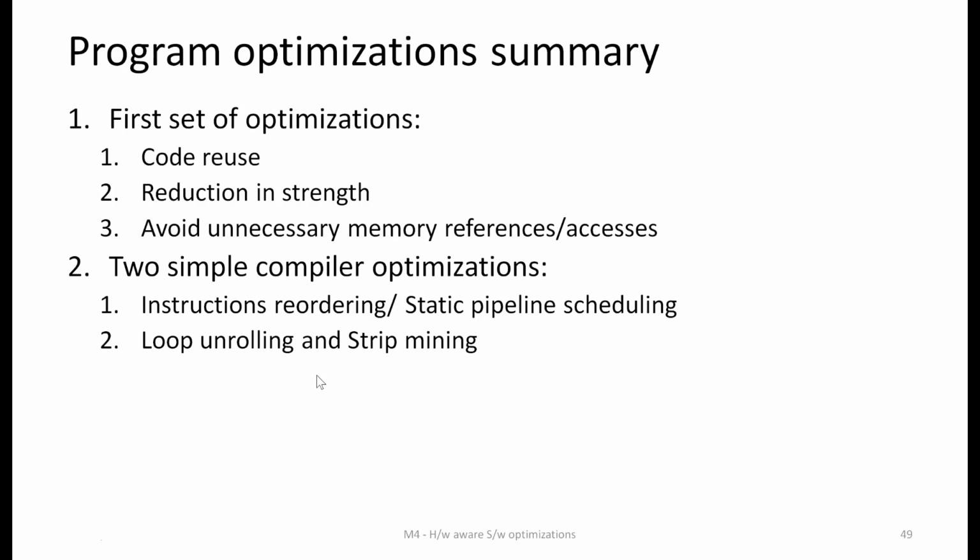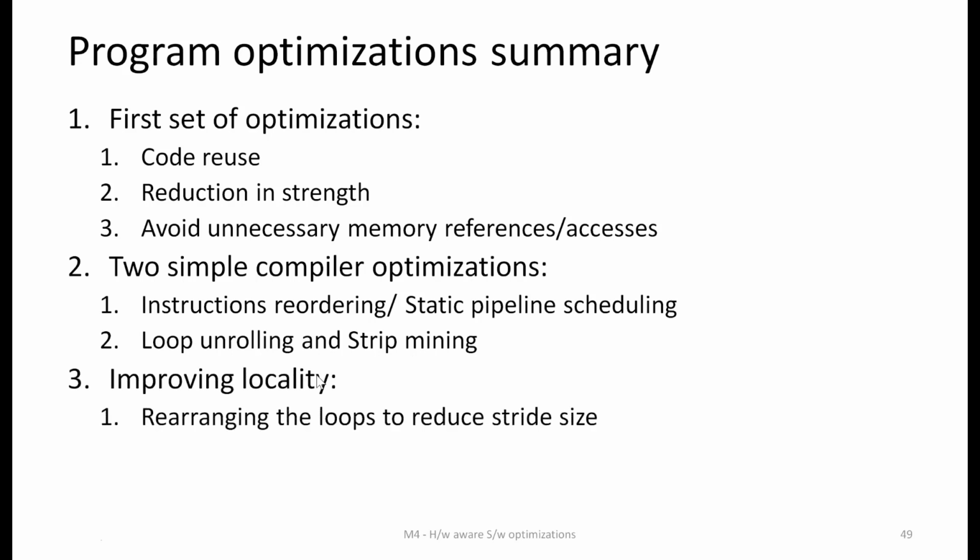Following that, we have seen loop unrolling and strip mining within the loop unrolling. Today we have seen that rearranging the loops would increase the spatial locality and blocking would improve both the spatial locality and temporal locality.